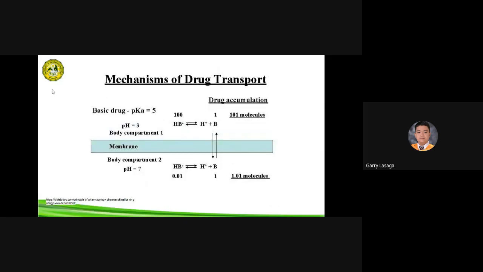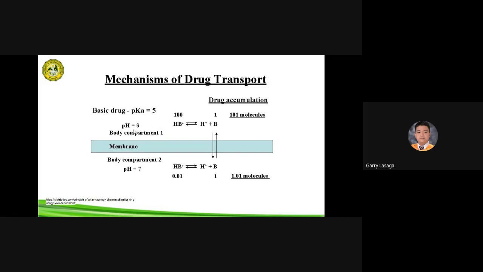So we also have here a basic drug with a pKa of 5. And we have here 2 compartments. Compartment 1 has a pH of 3. Compartment 2 has a pH of 7.